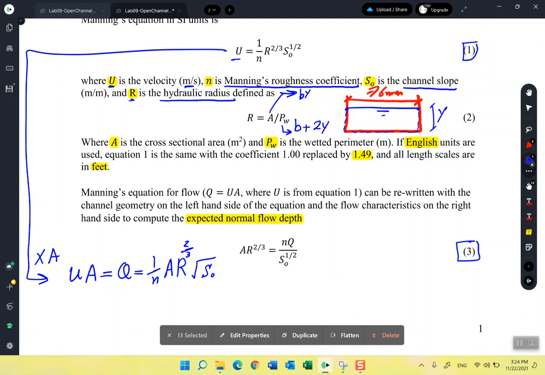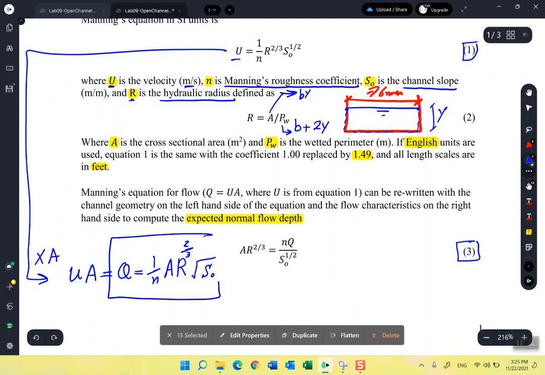So what is the purpose of converting the Manning equation from this shape to that shape? The reason for doing that is that in some cases we will need to calculate the normal flow depth. And actually this is the advantage of the Manning equation, that it can tell us what the normal depth is for a certain geometry and a certain discharge.